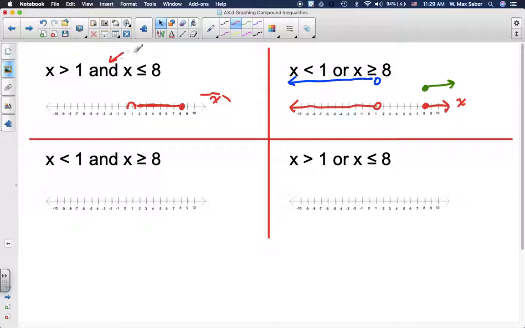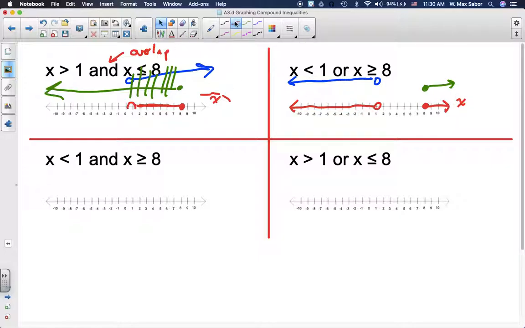For OR, we're putting them both on the same number line. Here we had these two giving us the red answer, where we were only looking for where they were both true. Here, we're looking where at least one is true.